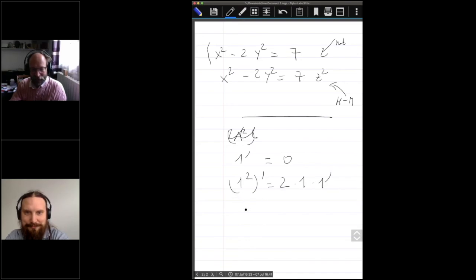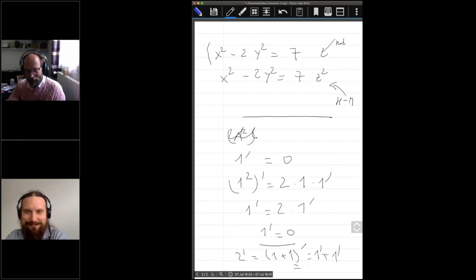And so 1 prime is 2 times 1 prime, and so 1 prime is 0. So if 1 prime is 0, then 2 prime, which is 1 plus 1 prime, has to be 1 prime plus 1 prime, because the derivative of a sum is the sum of the derivatives, so it has to be 0 as well. And so you see that the derivatives of all integers are 0.